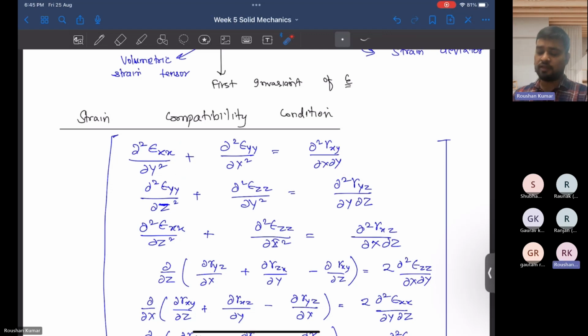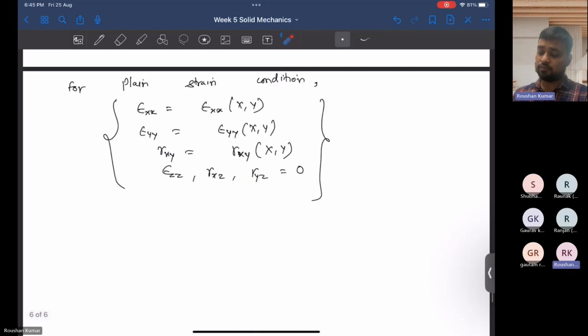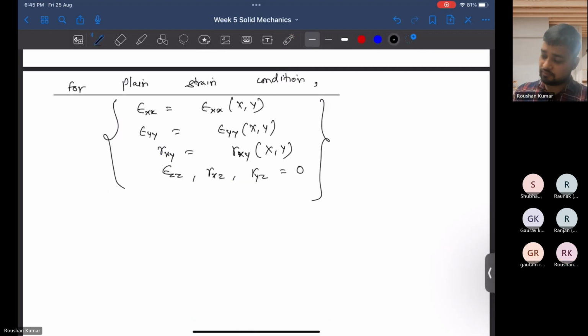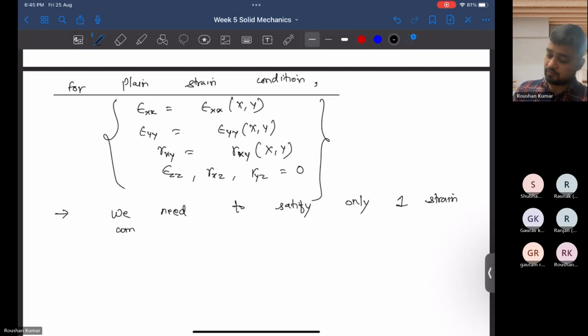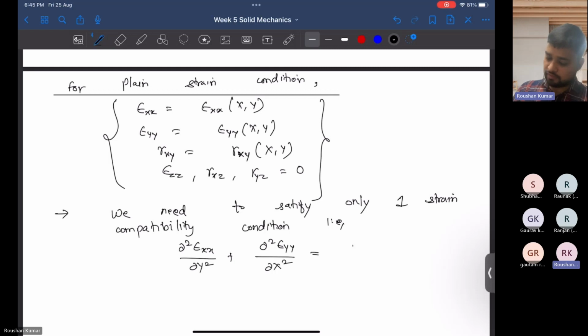So for plane strain we need to satisfy only this one strain compatibility equation, and the other 5 are automatically satisfied.